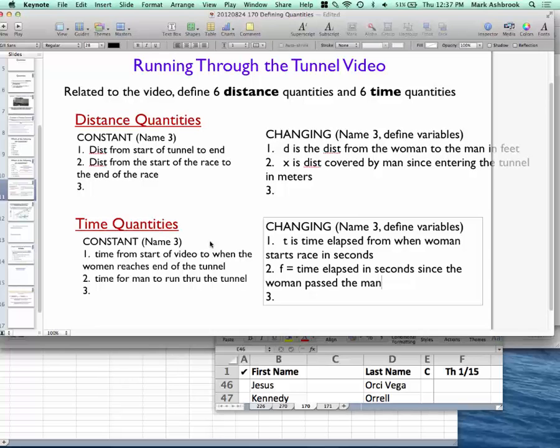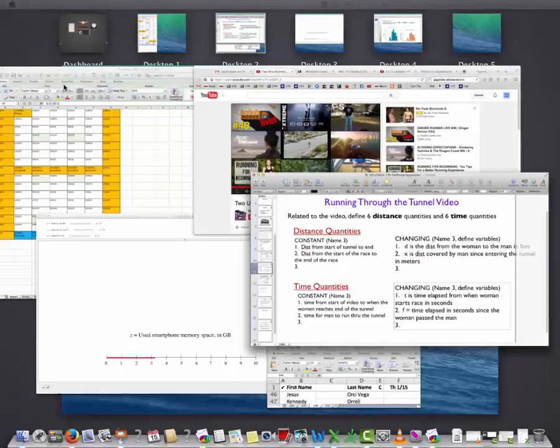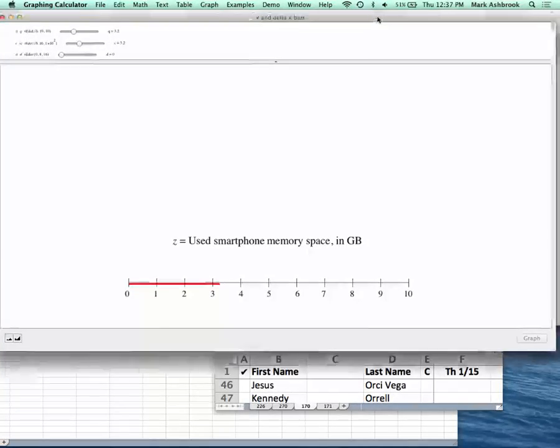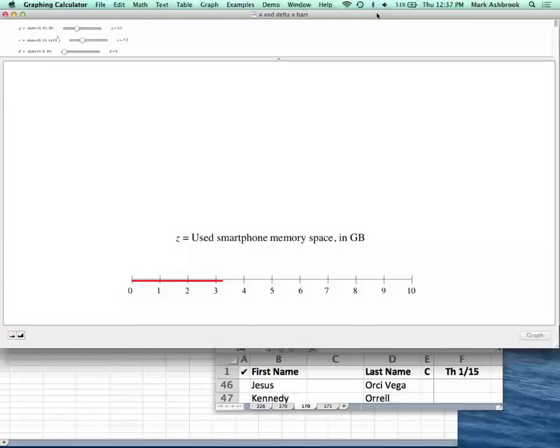Okay, sheet. So I want to look at this right here. Can you read that in the back? It says Z equals used smartphone memory space in gigabytes. So I'm defining a variable.